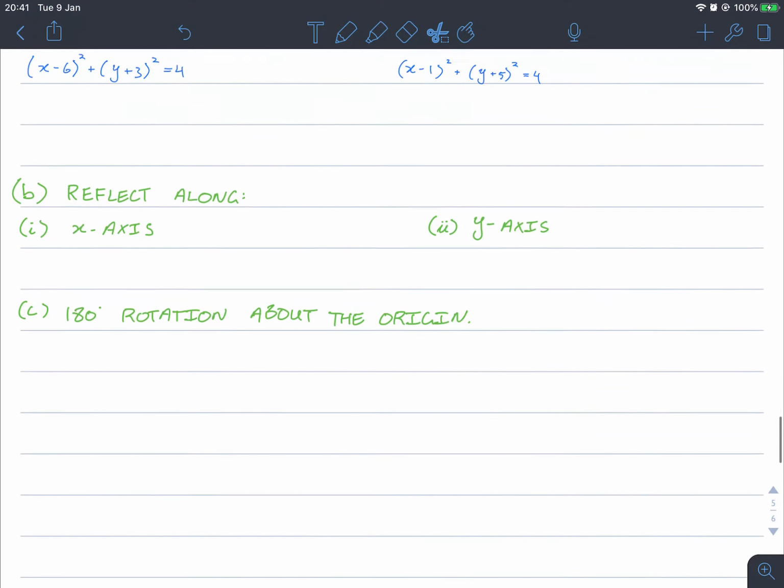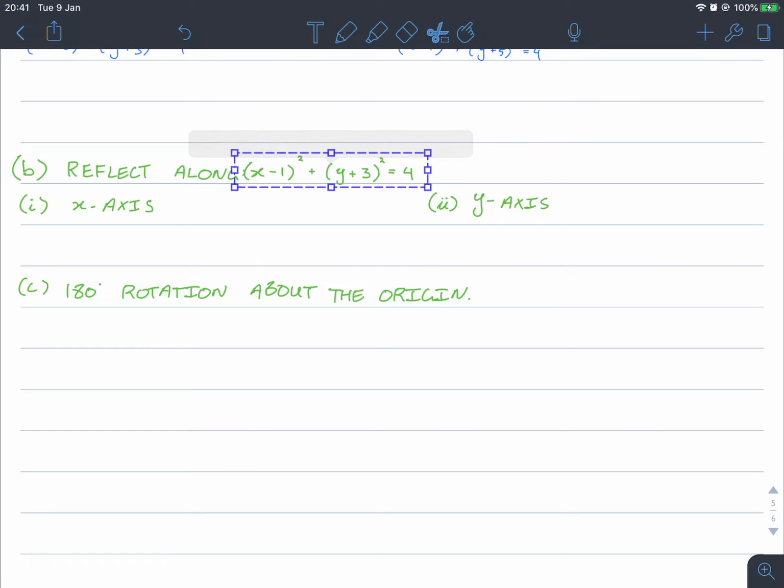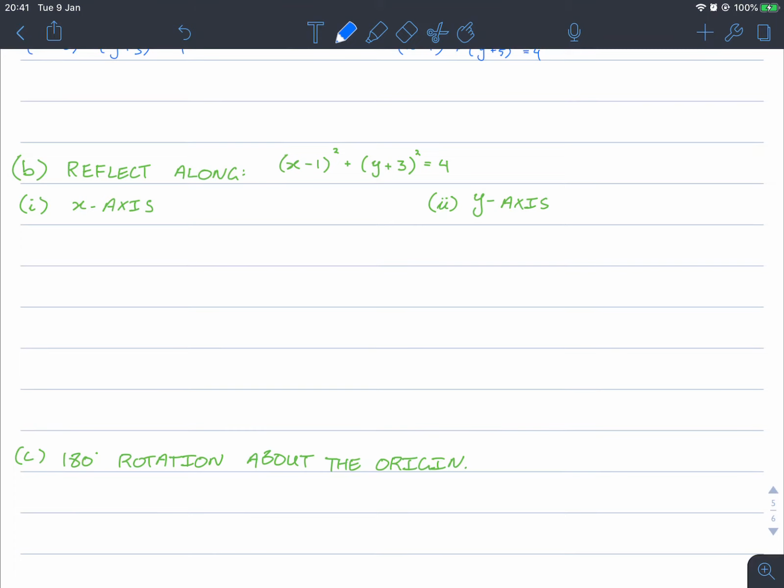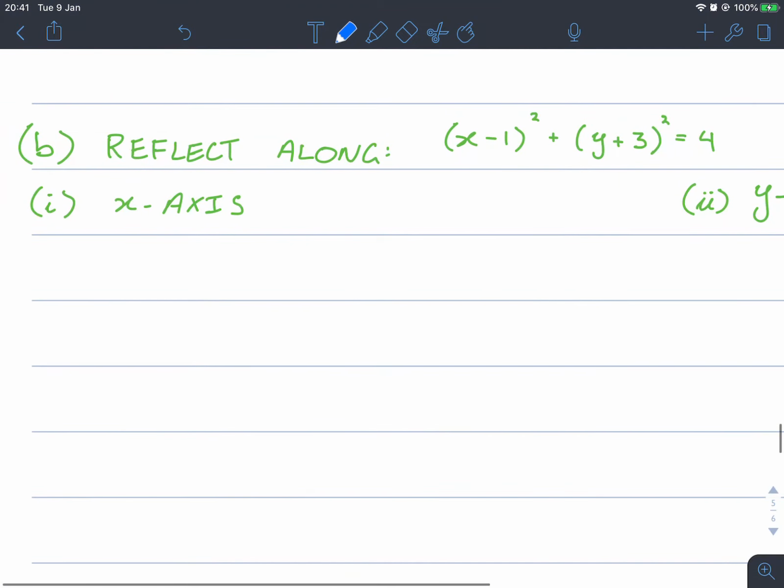Now let us do some reflections here. I just copied the original expression just so that we can see it closer here. So to reflect along the x-axis, we let y become negative y.